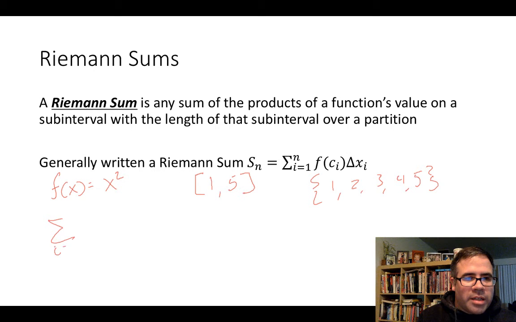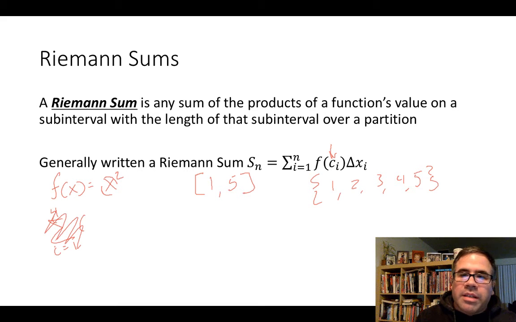Sum from i equals 1 to 4 of some, we're going to take c sub i, this is probably the most interesting thing. We can take it anywhere in the subinterval. So a fair Riemann sum would be at the midpoints. It's hard to actually use summation notation here.